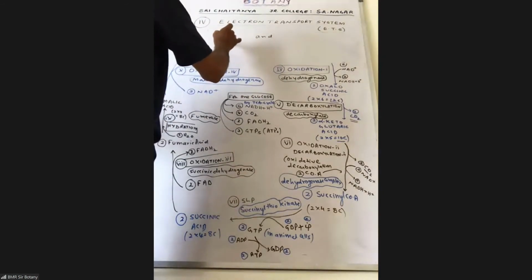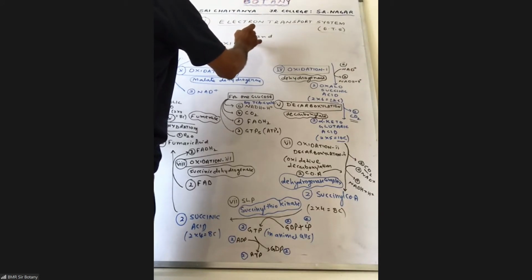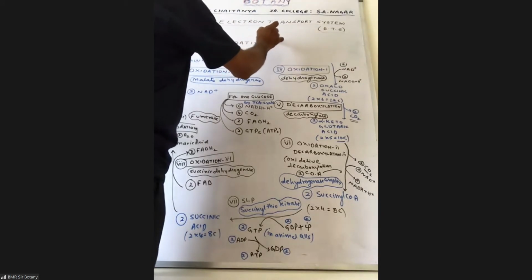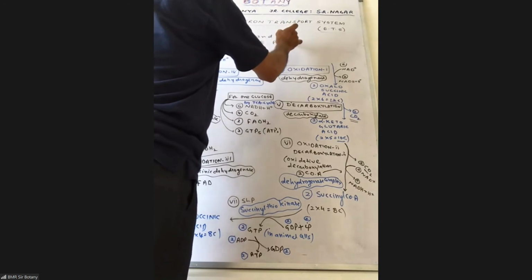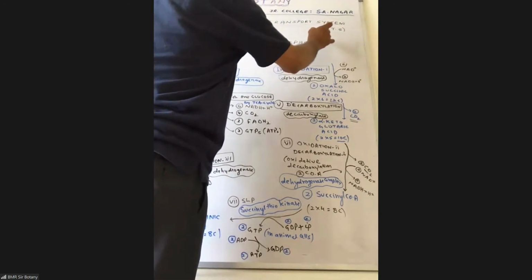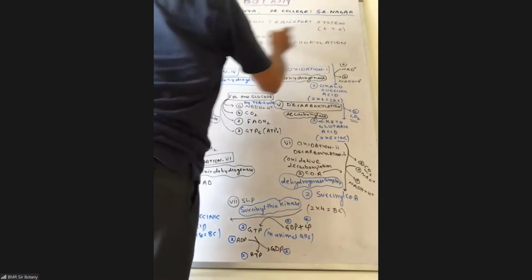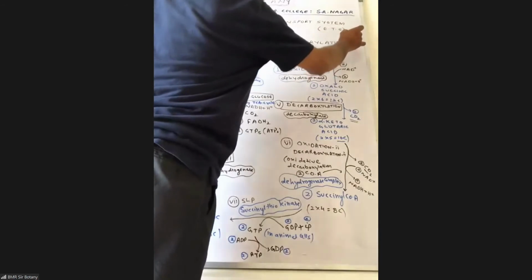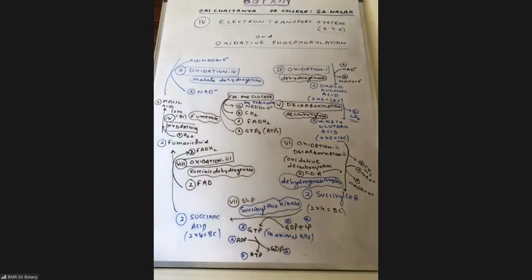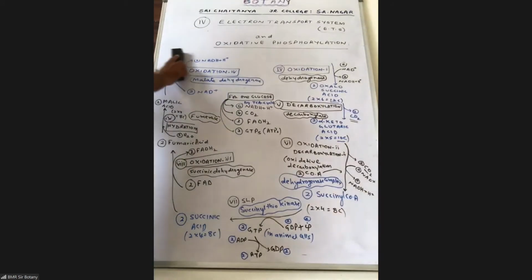And oxidative phosphorylation. Linked to that, you are going to see this. What is phosphorylation, Nana? Addition of phosphate is phosphorylation, that is to ADP, to form ATP.